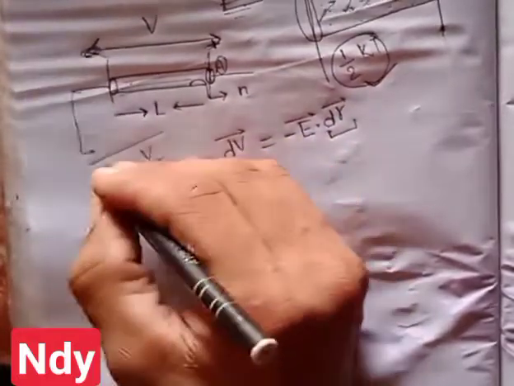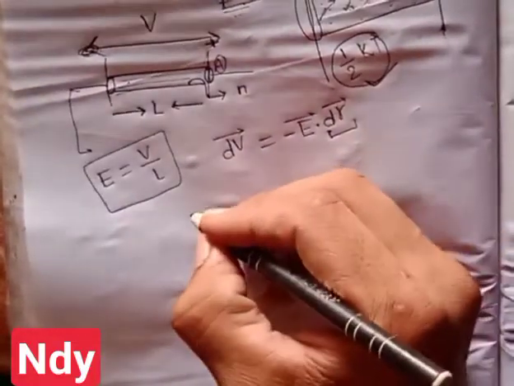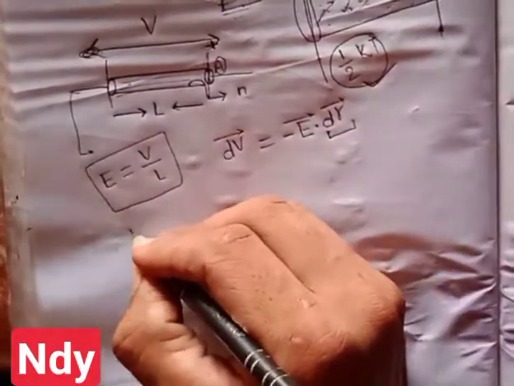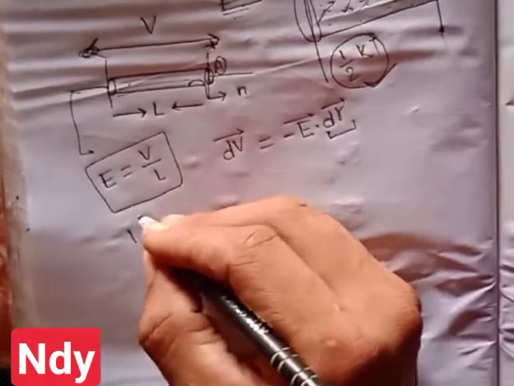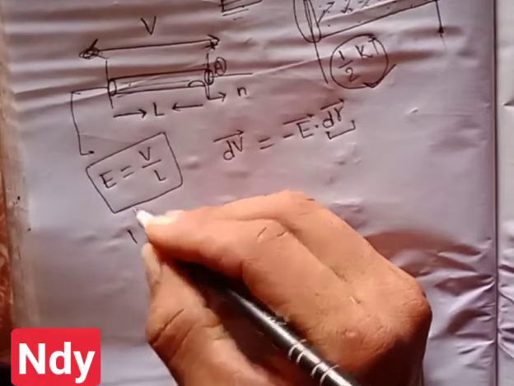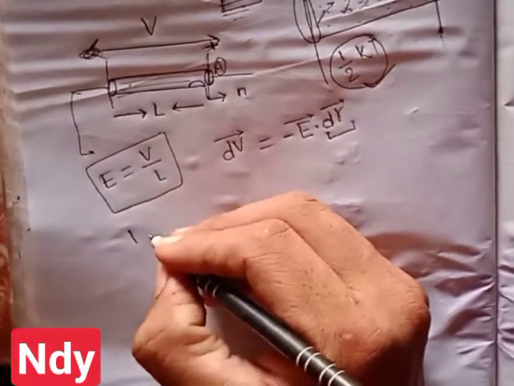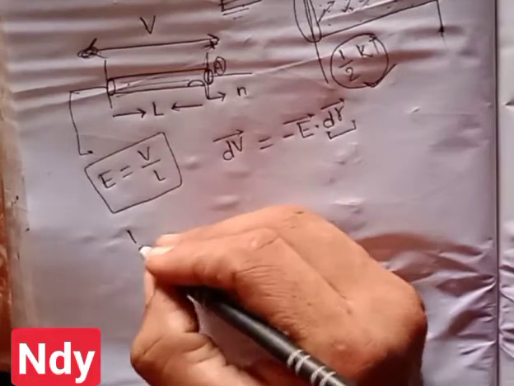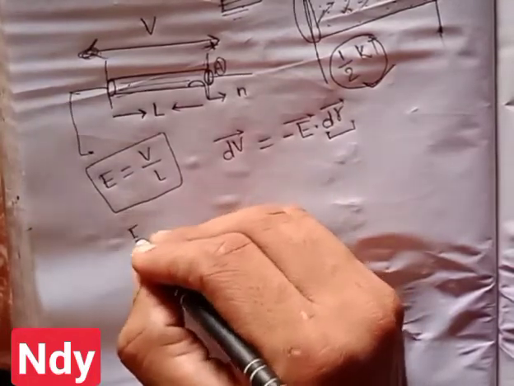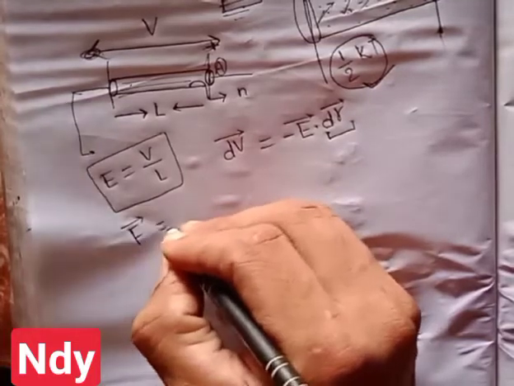This much electric field, and from Coulomb's law we know that if a charge q is put in an electric field E, then the force on it will be q times E. In the case of electrons, the charge is small e.